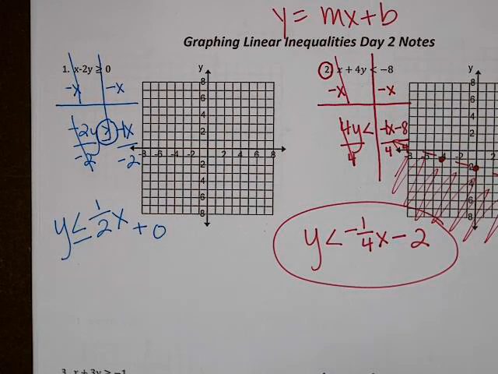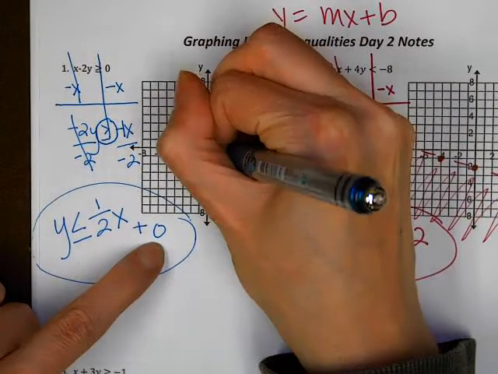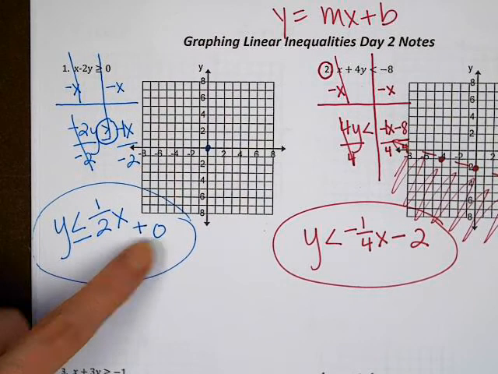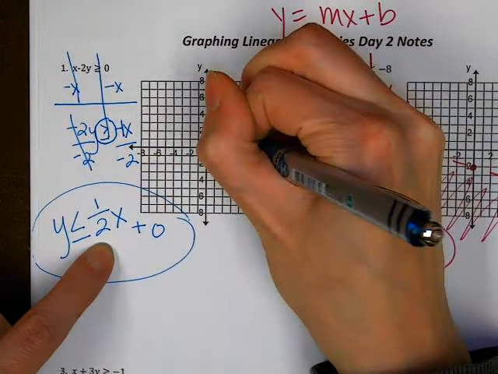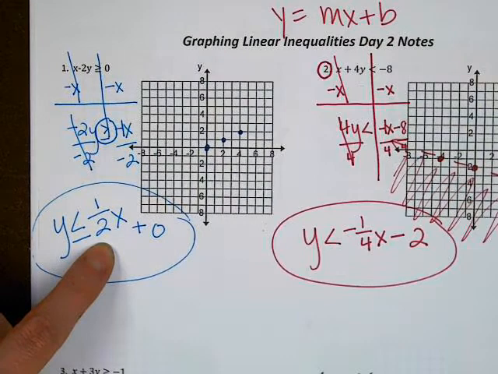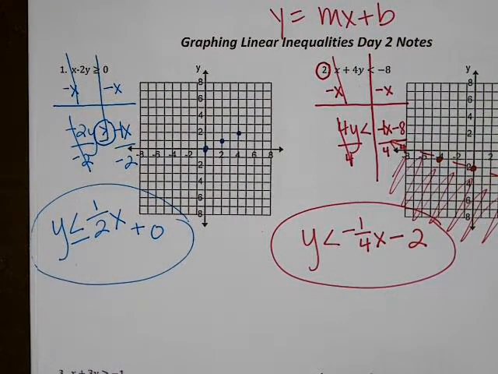Okay, so let's graph it. The y-intercept is at 0, and then our slope is positive 1/2. So up 1, right 2, up 1, right 2. All right, do we want a solid line or a dotted line?